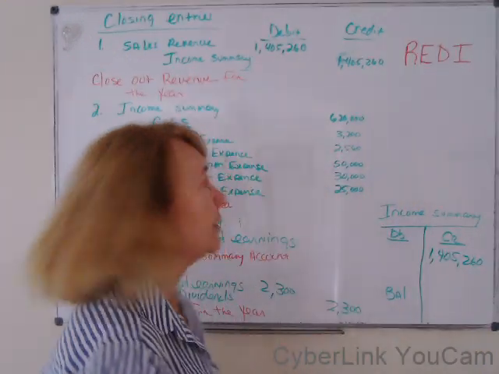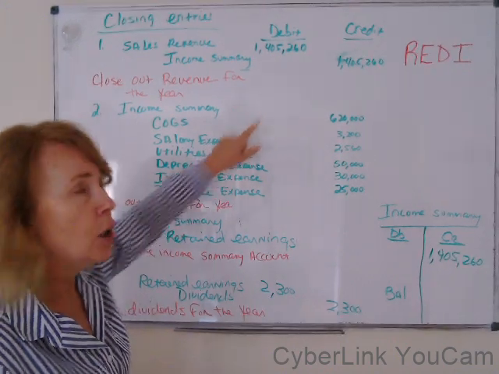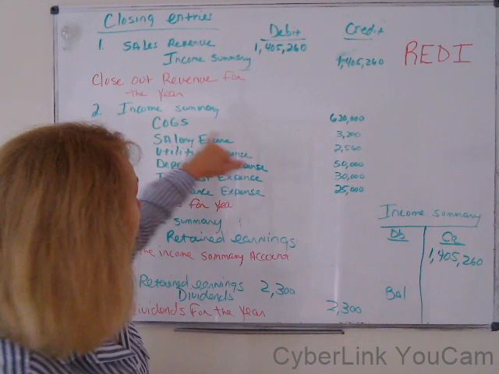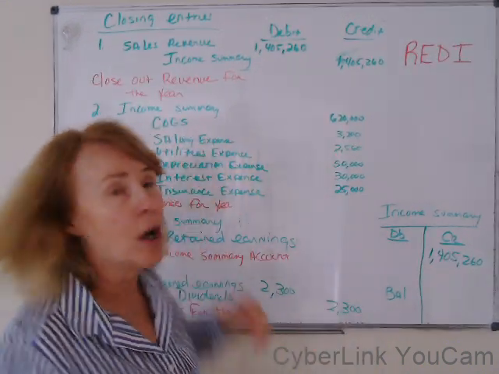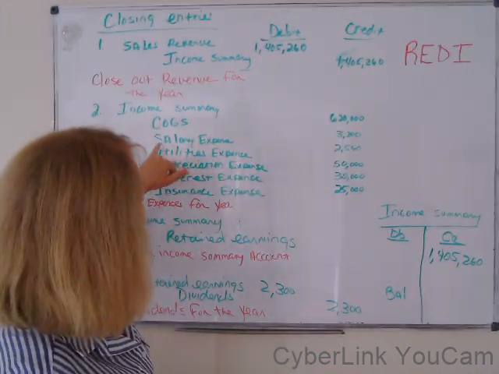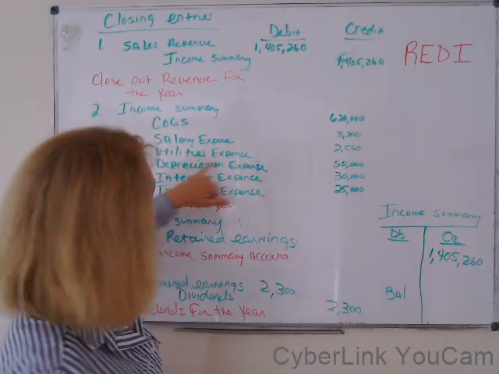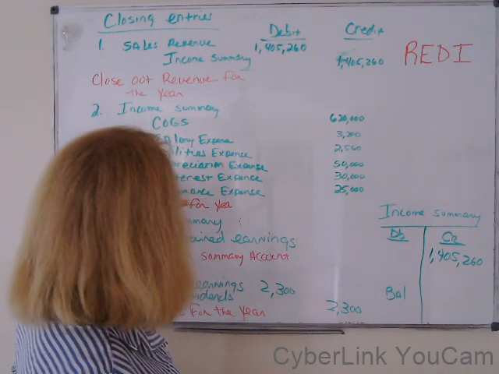Now let's look at our second closing entry. Notice I haven't put in the debit yet. We're going to close all our expenses. We're going to go in order. So cost of goods sold, I made my life easy. I just called it COGS, $620,000. I'm going to credit. Salaries expense, credit $3,200. Utilities expense, credit $2,560.